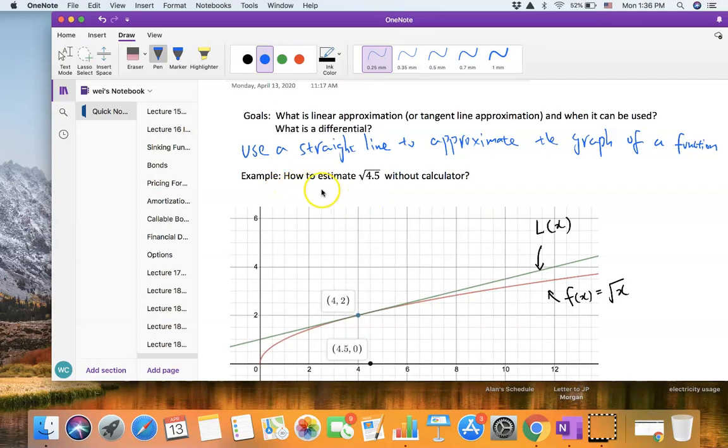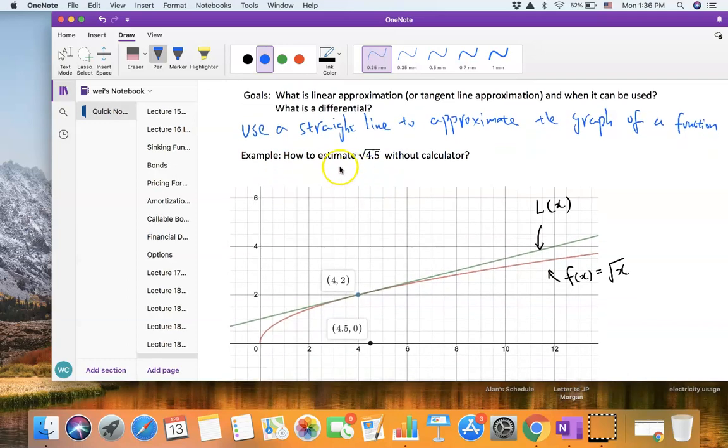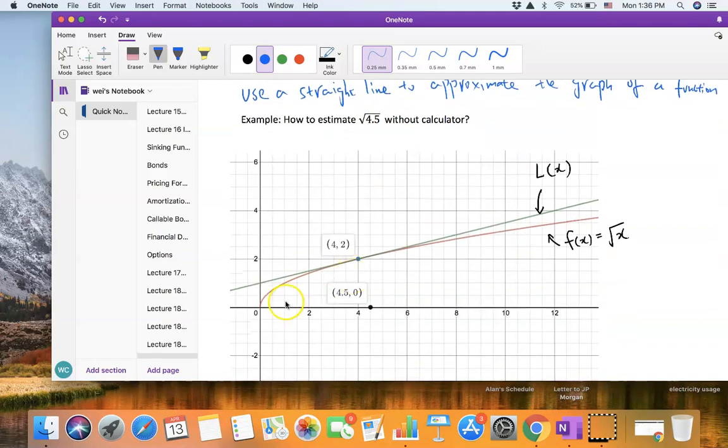Here we have an example. We want to estimate the function value, the square root of 4.5, without using a calculator. Here is the function f(x). f(x) is the square root of x, and the graph is the red one.